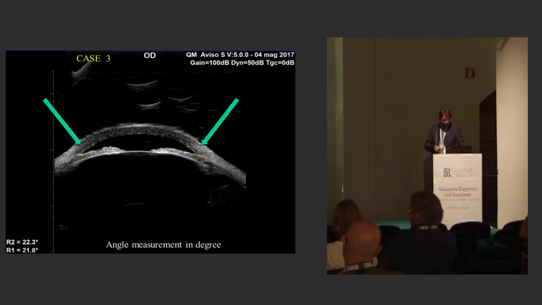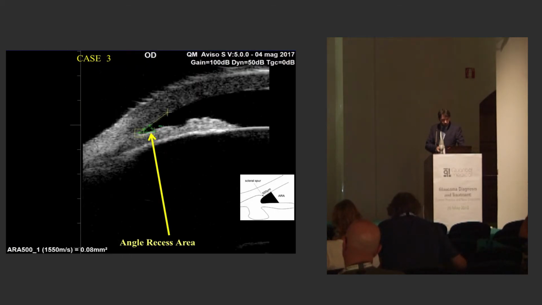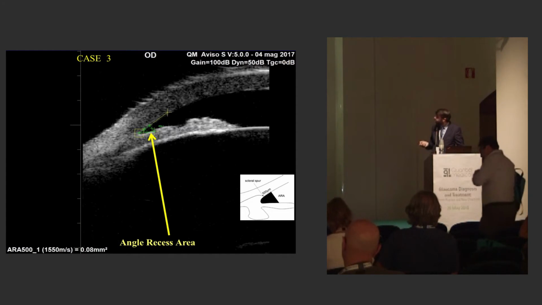Another tool, a simple one, is the angle measurement in degrees. Another tool is the one called angle recess area. And another tool is this one, the trabecular iris space area.